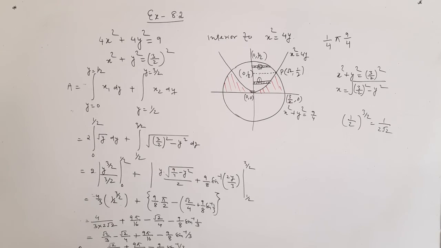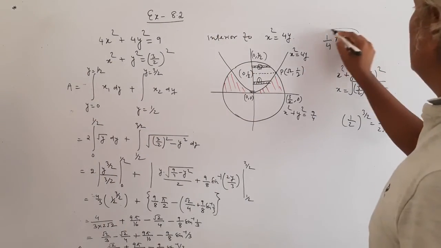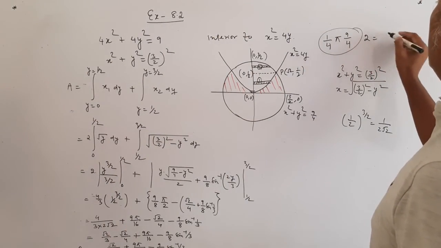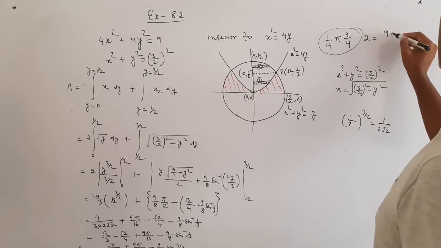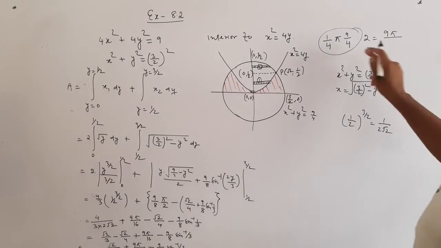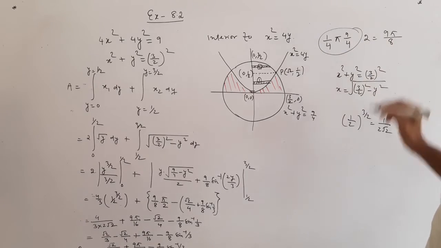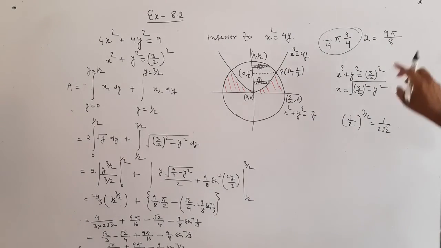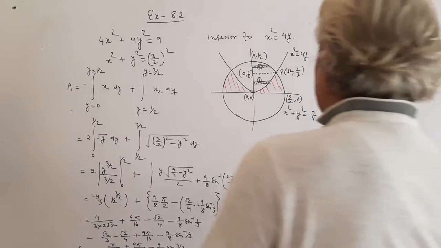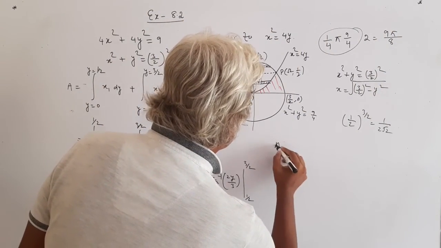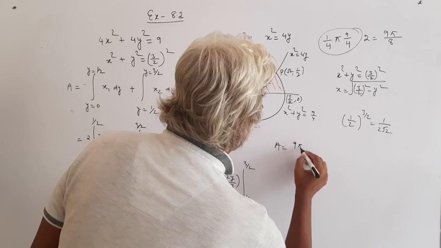2A is root 2 by 6 plus 9 pi by 8 minus 9 by 4 sine inverse 1 by 3, and the double of this also will become 9 pi by, this is 16/8, so 9 pi by 8. So if I find my answer, this minus this, then what I get? That is the required area, that area A is 9 pi by 8.